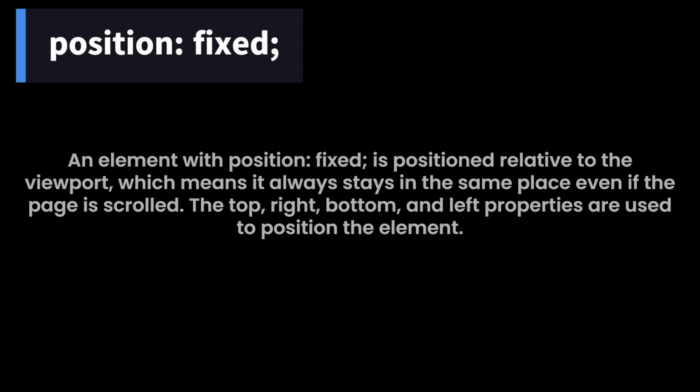Now let's talk about position fixed. An element with position fixed is positioned relative to the viewport, which means it always stays in the same place even if the page is scrolled. The top, right, and left properties are used to position the element.